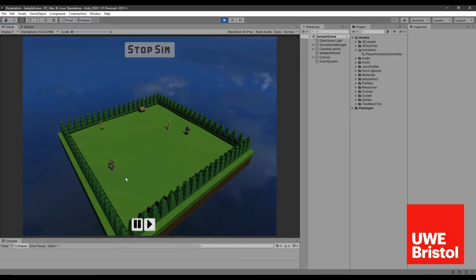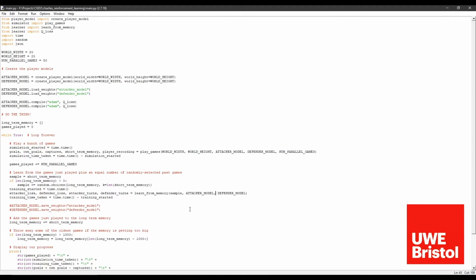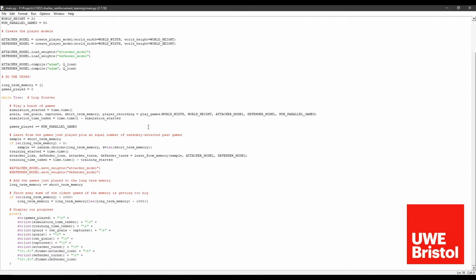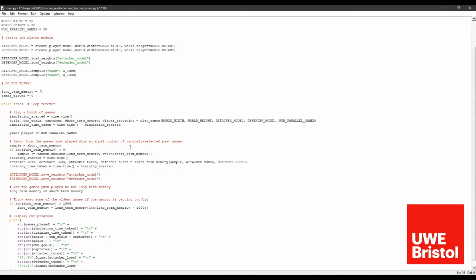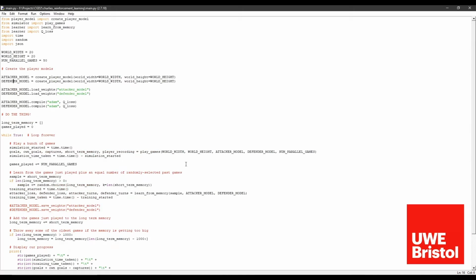This simulation is an output from a machine learning algorithm, which is this Python script, which is using a Q-learning algorithm to teach two models, an attacker model and a defender model, how to play the game by playing a bunch of parallel games all together, and then taking those games, adding them to short-term memory, which is then compared to long-term memory, which in turn creates the Q-loss function for this machine learning algorithm.